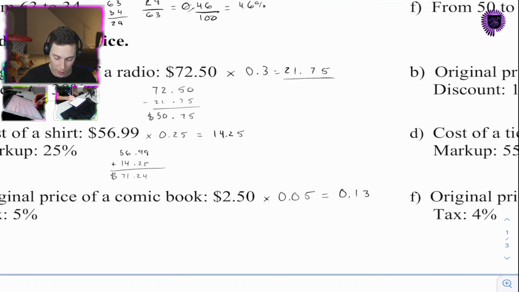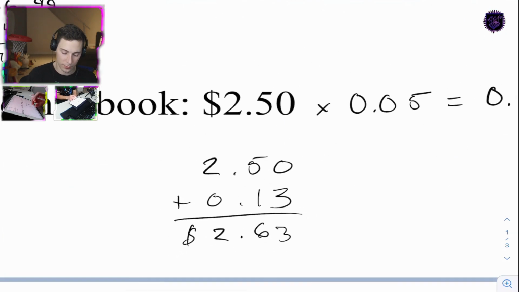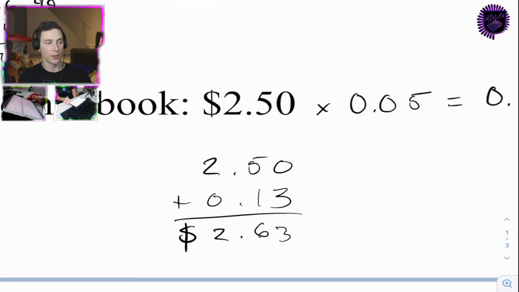So add that tax onto there. 2.50 plus 0.13. Our total cost is going to be $2.63 after tax. Make sure we write that money sign in there.